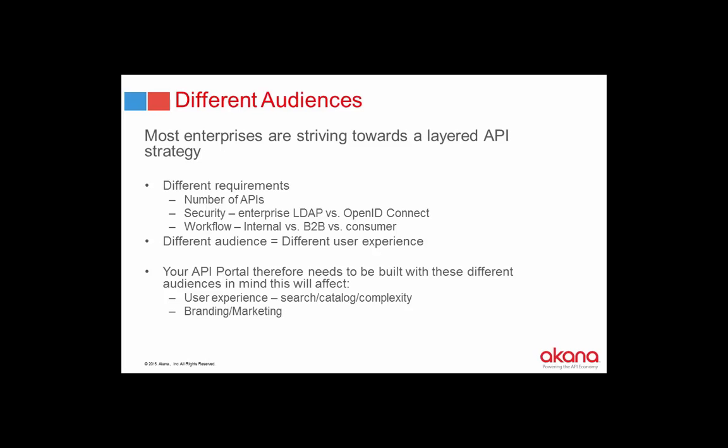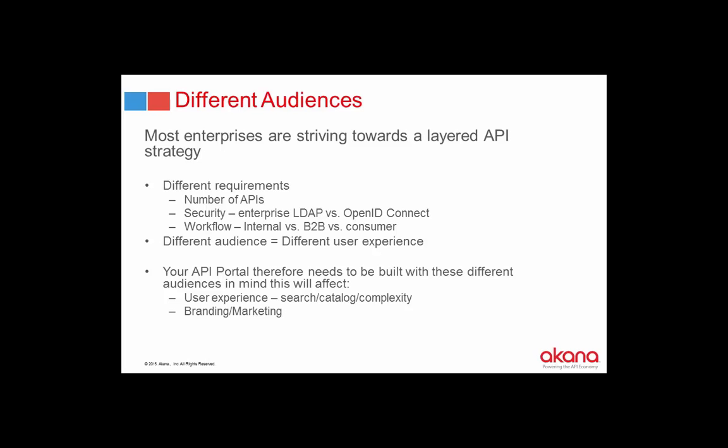So when you think about these different audiences that you have within these different layers, whether they be internal or external or between partners, you have to think about how the number of APIs and the security and workflow and those kinds of things are going to affect that user experience, and design a user experience specific to that particular channel or that particular line of business or that particular set of partner relationships.